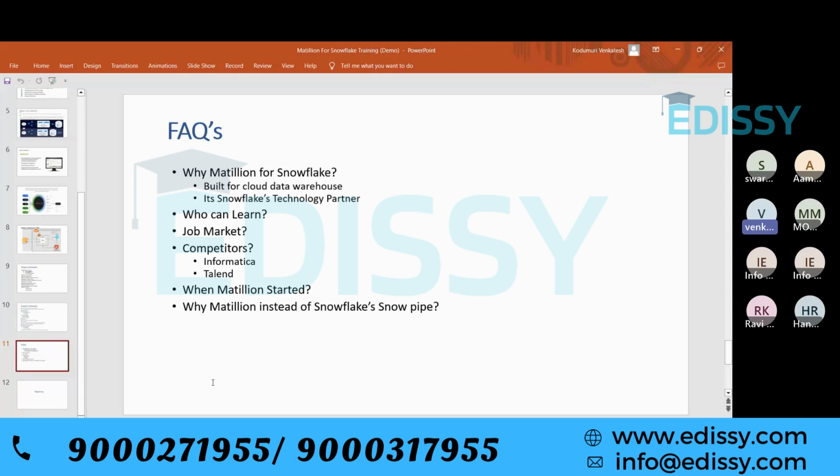Okay, so why Matillion for Snowflake, right? It is built for cloud data warehouse, and it's Snowflake's technology partner of the year. Okay, because nowadays, after COVID, everyone realized the power of cloud environments, right?